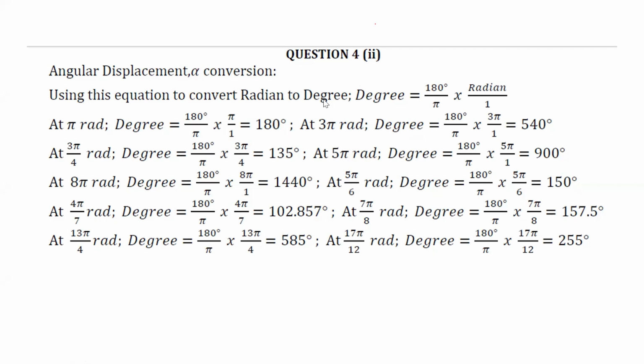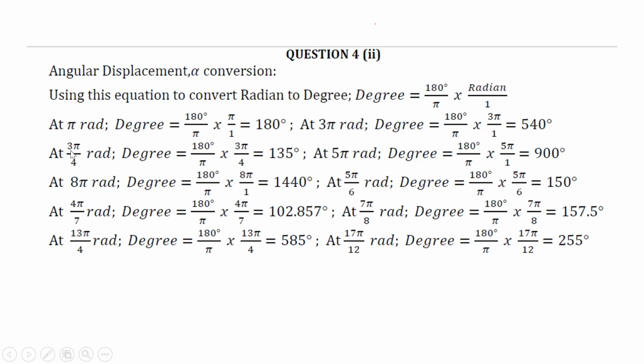So pi divided by pi gives us 1, and the answer is 180. For 3 pi rad, we have 180 over pi times 3 pi over 1, and when you divide out pi, we have 3 times 180, which is 540 degrees.